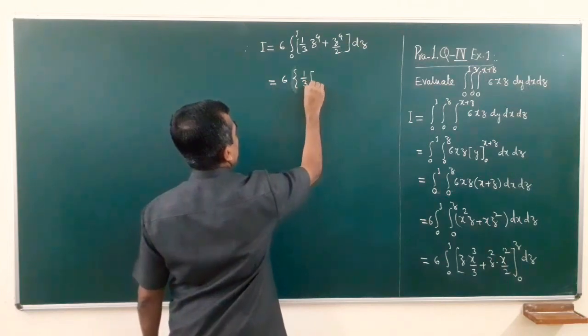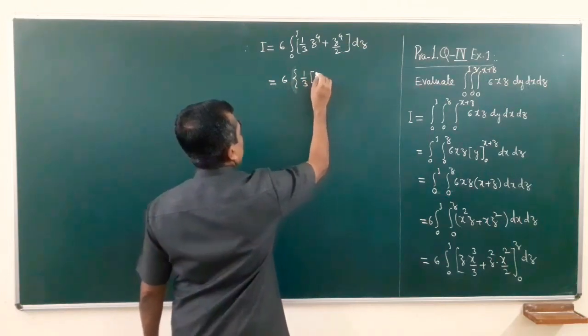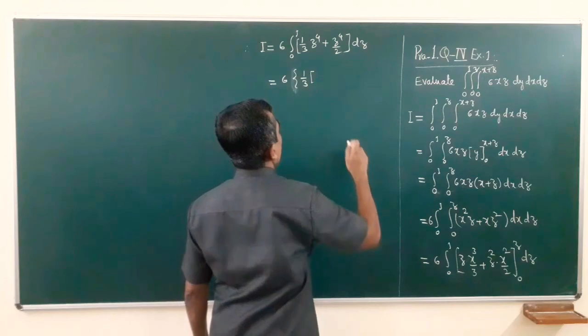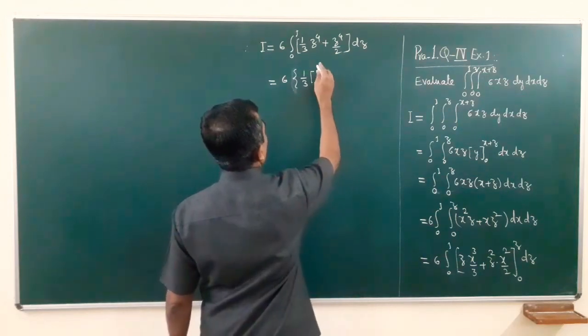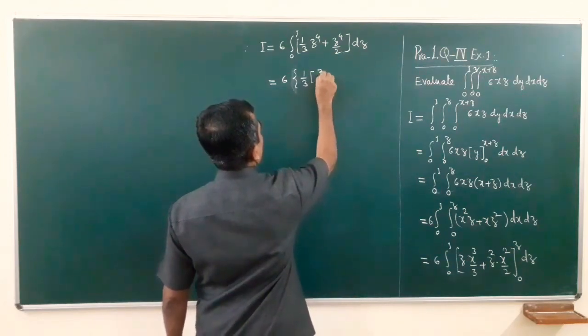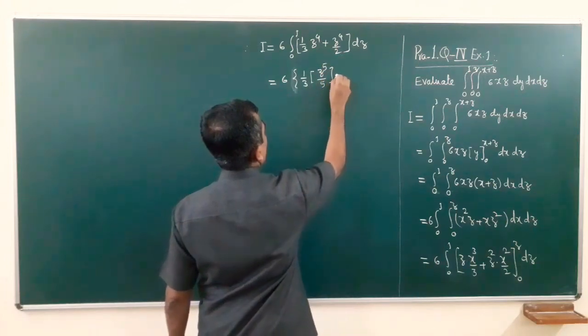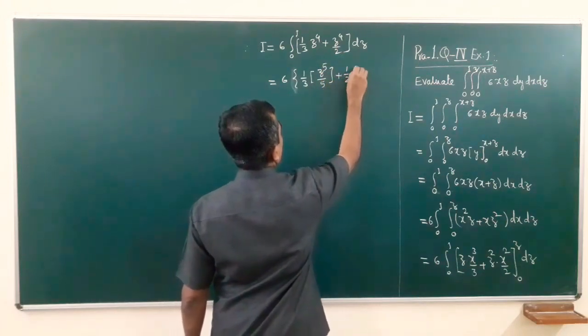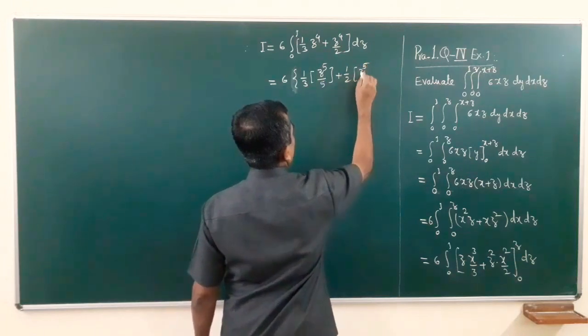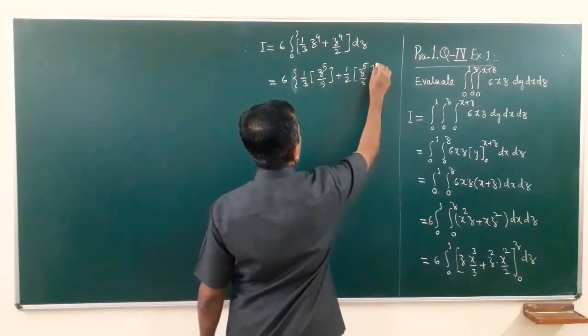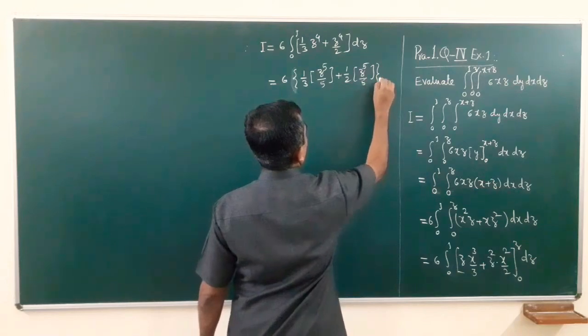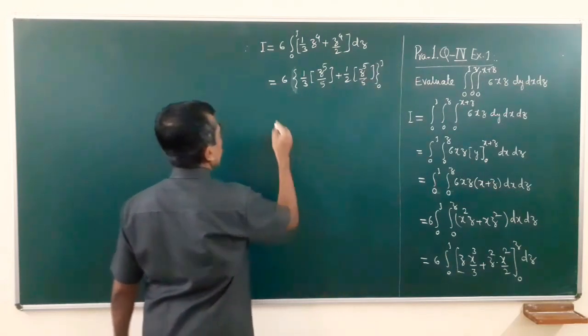Now just take the integral, 6 into, I will write another bracket, 1 by 3 z raised to 5 upon 5 plus 1 by 2 z raised to 5 upon 5, and everything is over 0 to 1.